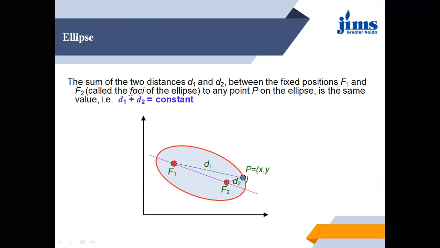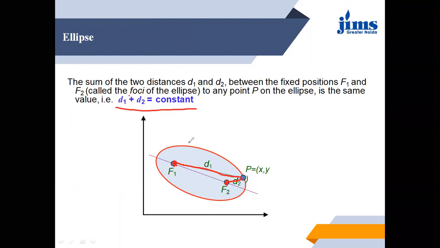So the distance of any point from f1, suppose d1, and from f2, suppose d2, then the sum is constant.